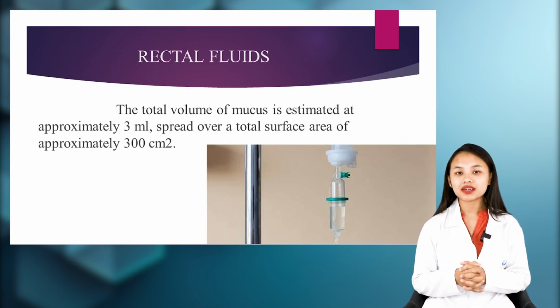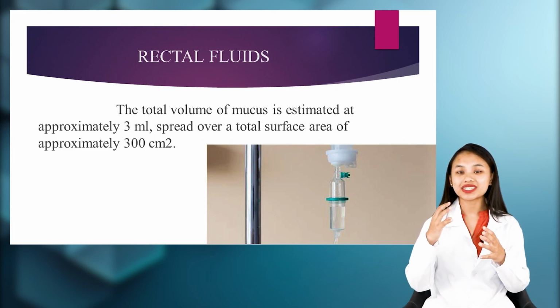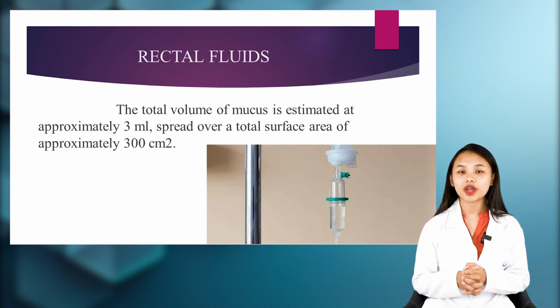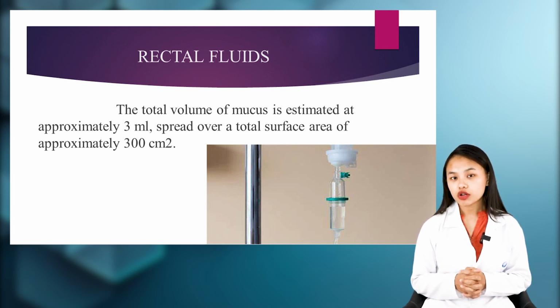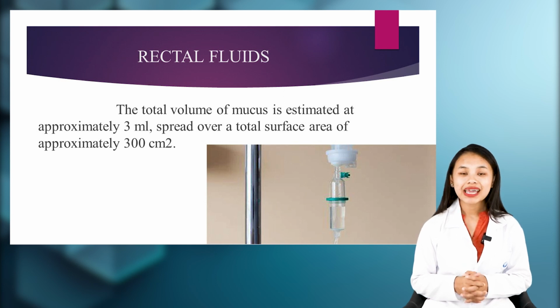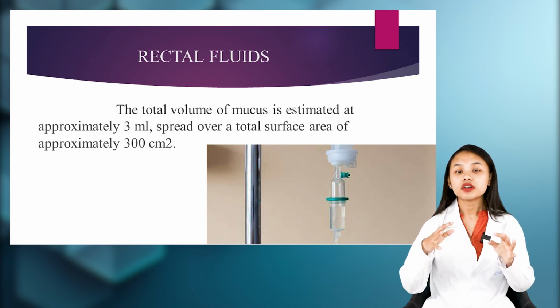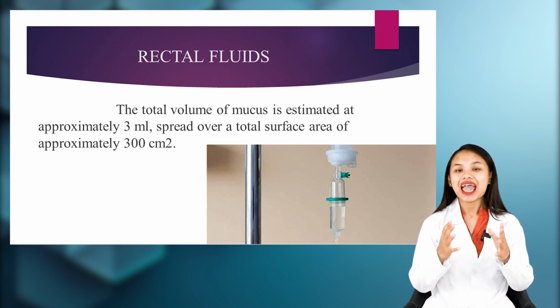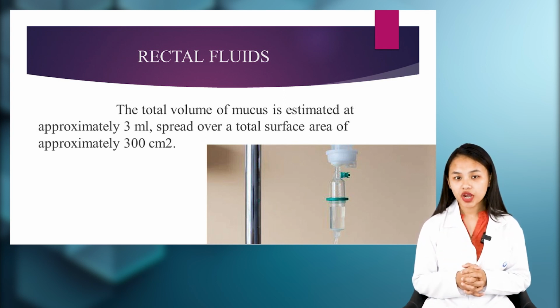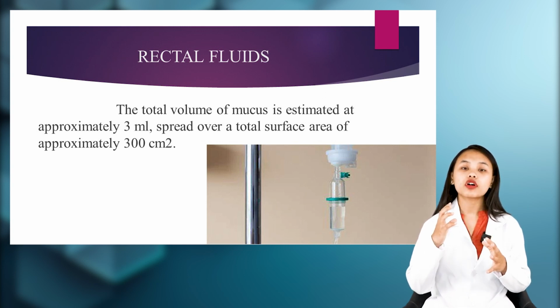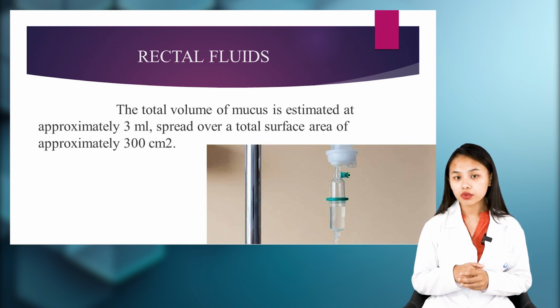Now let us discuss the fourth type, which is the rectal fluid. Here, the total volume of mucus is estimated to be approximately 3 milliliters, and it can spread over a surface area of approximately 300 square centimeters.